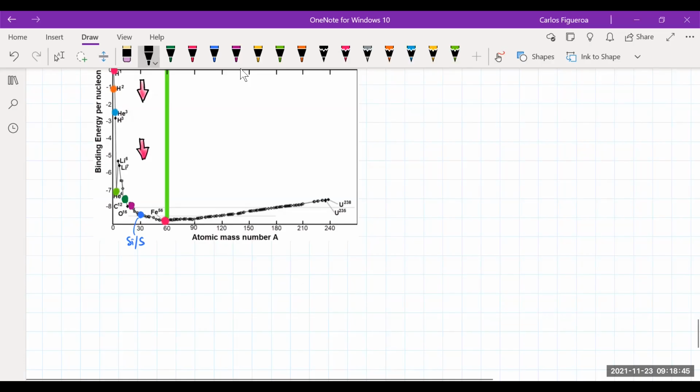So as I keep moving, you're seeing that in nuclear fusion, I have to keep following this path. Iron 56.